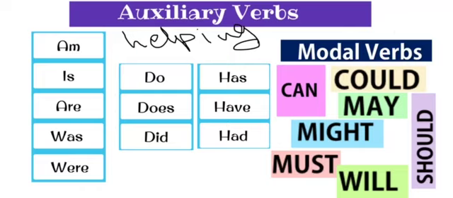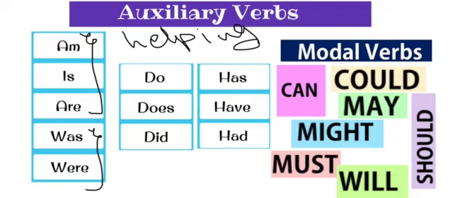We use them to express the simple present tense when they come as a main verb, and the present continuous tense and past continuous when they come as helping verbs. Am, is, are are in simple present; was and were are for past tense.